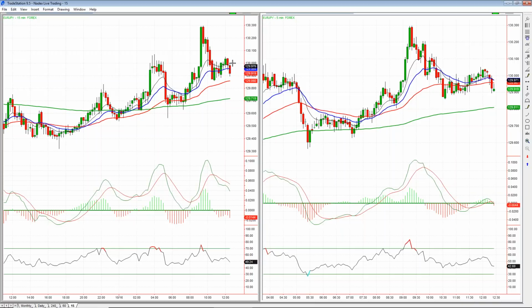The one thing different about these contracts than binaries is there's really no reason to buy these when they're deep out of the money. On the one contract where the ceiling or the floor is 130, if price action is way down here, it doesn't make a whole lot of sense to get involved, because you don't get the price break that you do with contracts like binaries, where they're very, very cheap when they're deep out of the money.